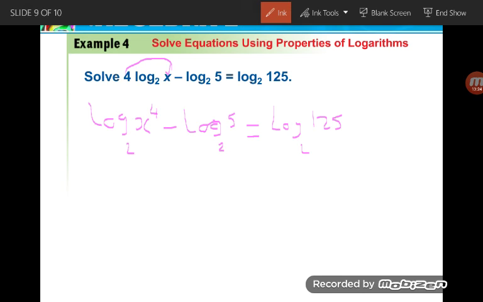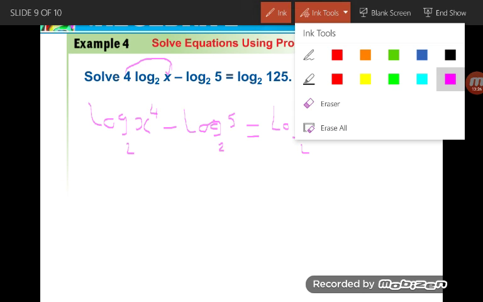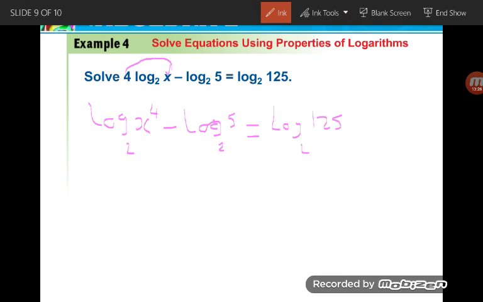From the properties of subtraction, we learned before how to change the subtraction to division. So it will be log x power 4 over 5 for base 2 equals log 125 for base 2.